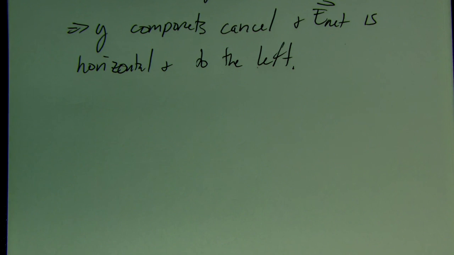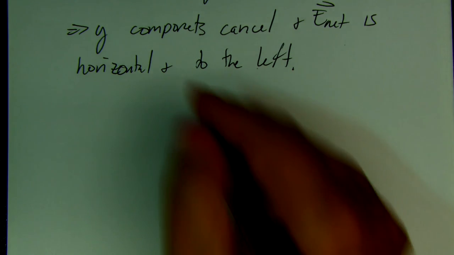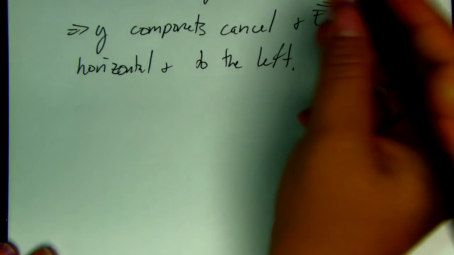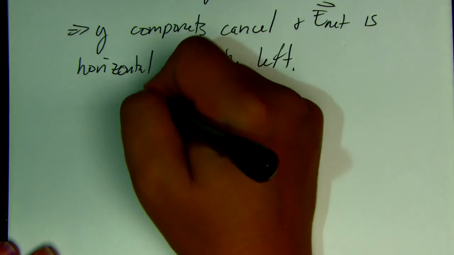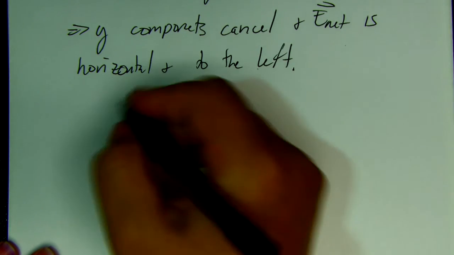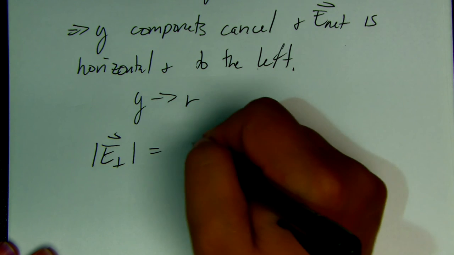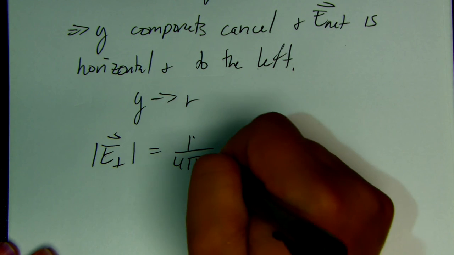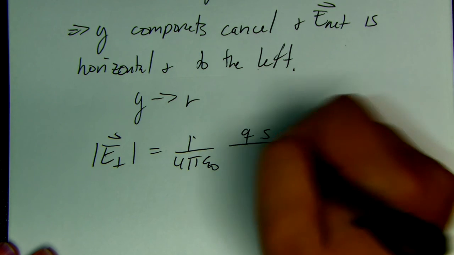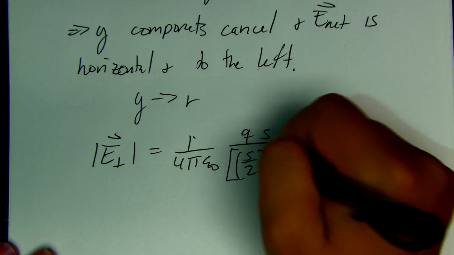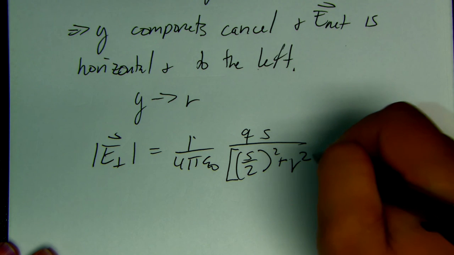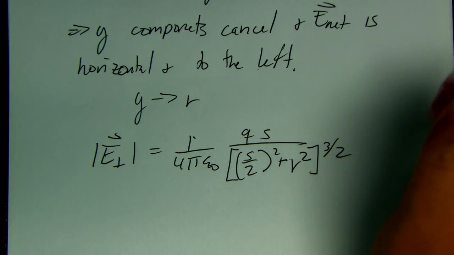Okay, we can go ahead and generalize. So we're going to replace y with r, and we can get that E perpendicular is 1 over 4 pi epsilon naught qs over S over 2 squared plus r squared taken to the power of 3/2.